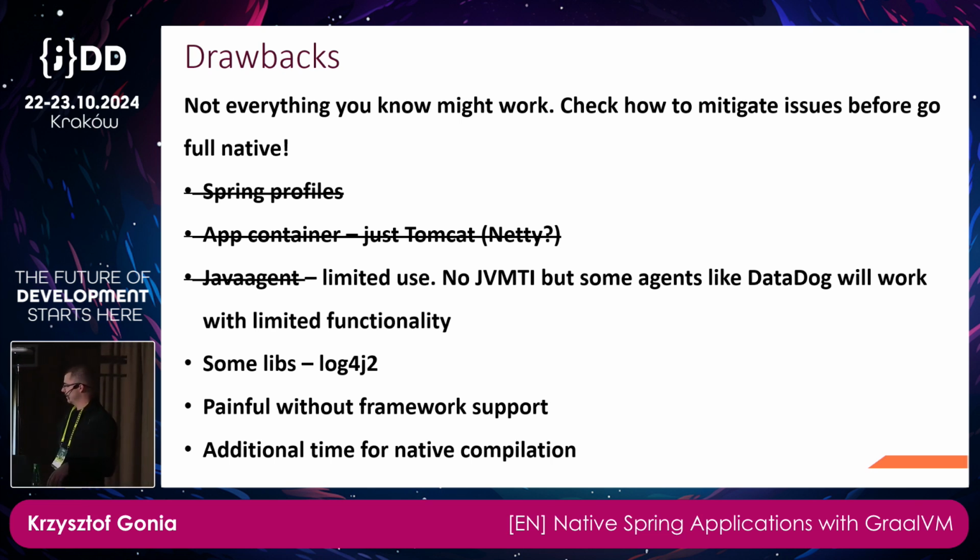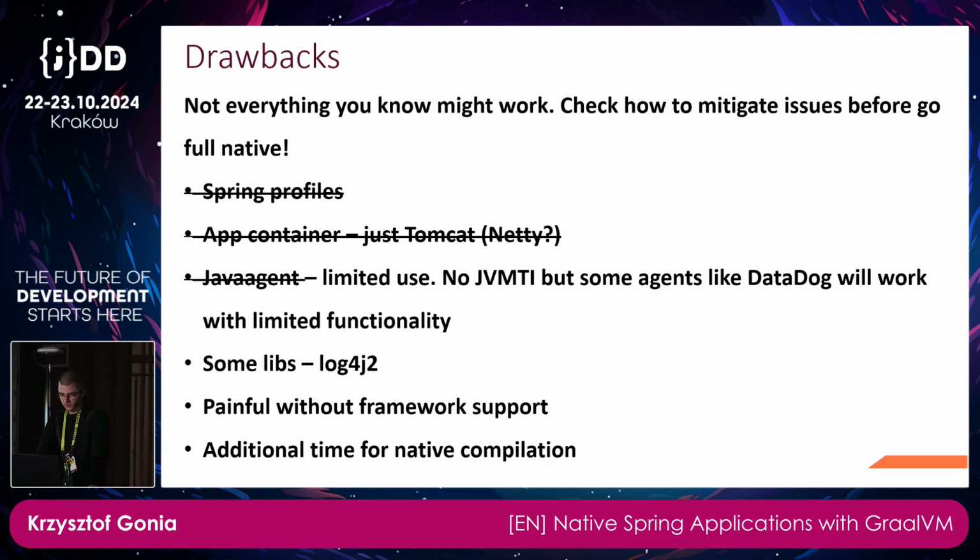But if you choose log4j, sorry, you can't compile to native. So you need to change the logging library, or it's just not possible because of how log4j is coded. It's also possible to do this without a framework, but it's much more painful. Frameworks nowadays have nice support for AOT.